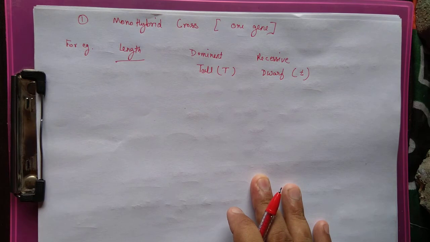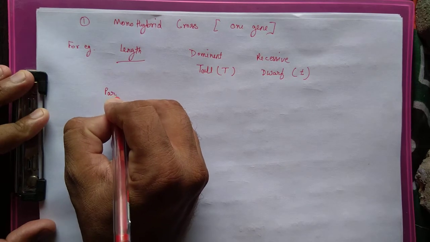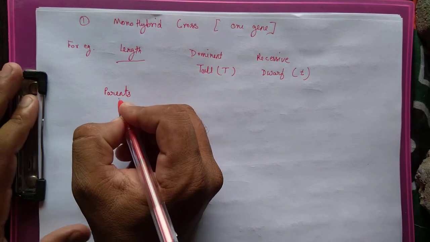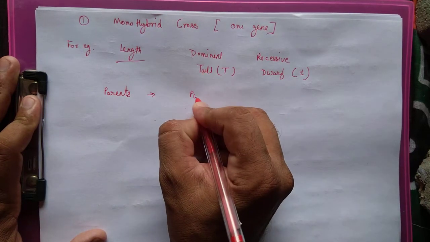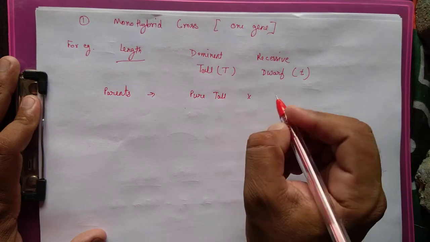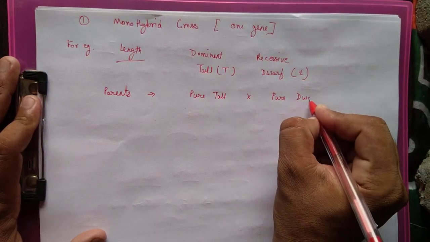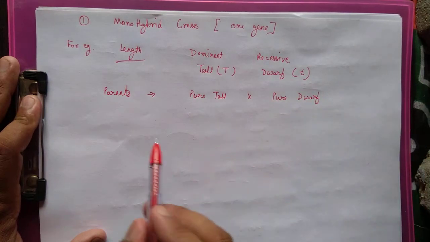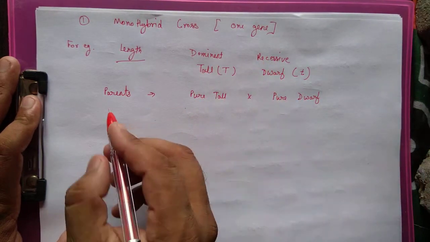So we start the experiment outline showing here first the parents. We know Mendel selected pure parents, so pure tall crossed with pure dwarf. We are selecting one gene, two alleles are here, dominant and recessive.